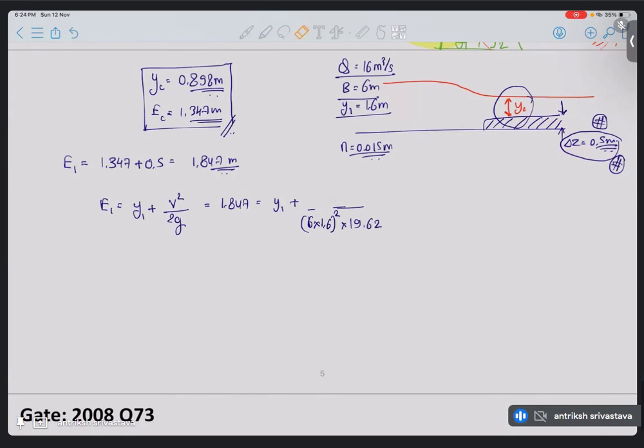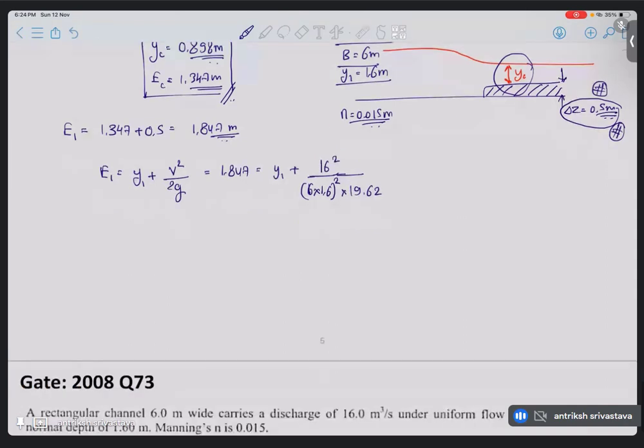Oh, my apologies. Here it's not going to be 1.6, since the depth of flow in the upstream is going to change. So it is going to be 6 square into y1 square and 19.62. Right? So we are going to get a cubic equation in y.